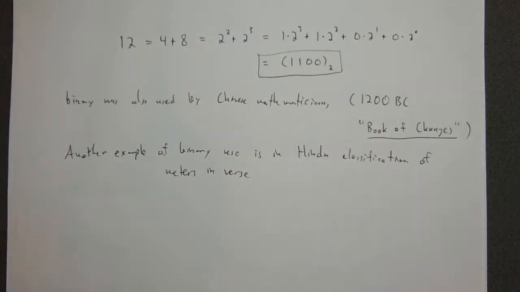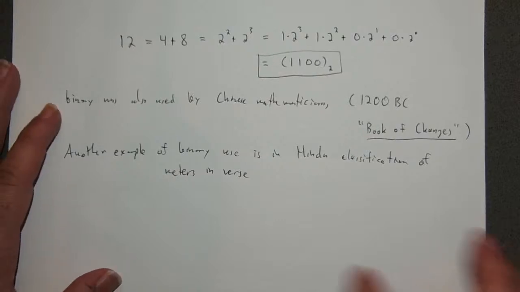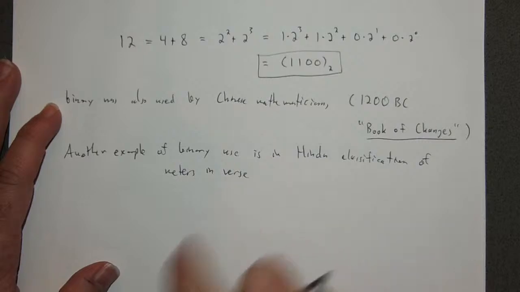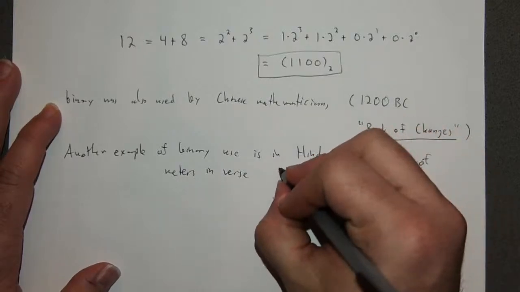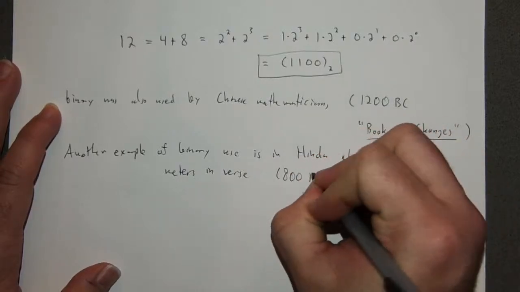This notion might have been the first thing that popped in your head when talking about binary, because even in related things, if you're thinking about musical notes, the notion of quarter notes, eighth notes, and so on, clearly these are powers of two. So this was 800 BC, roughly.